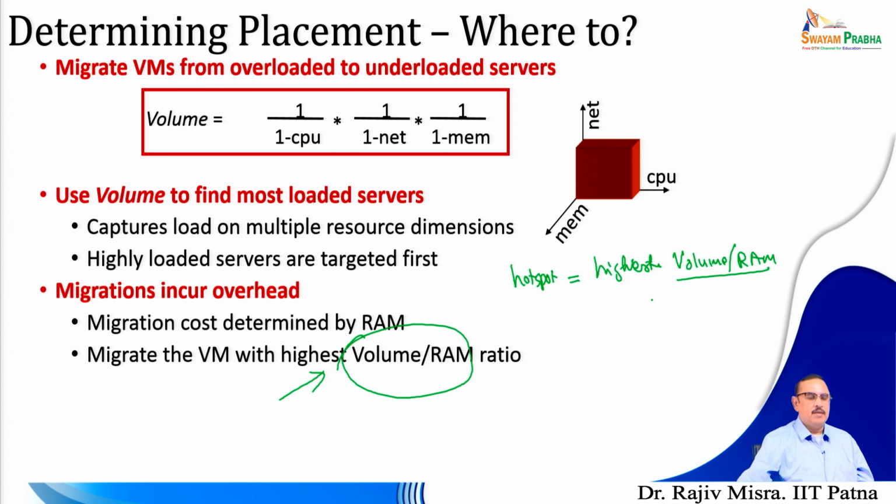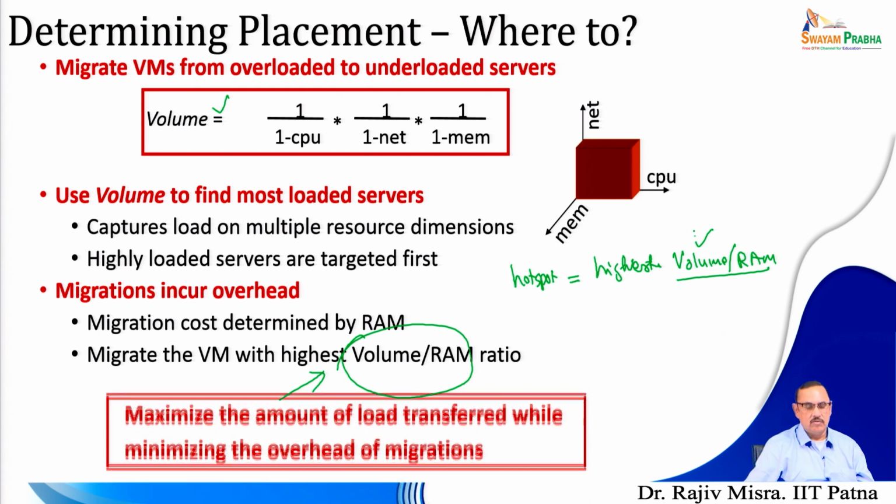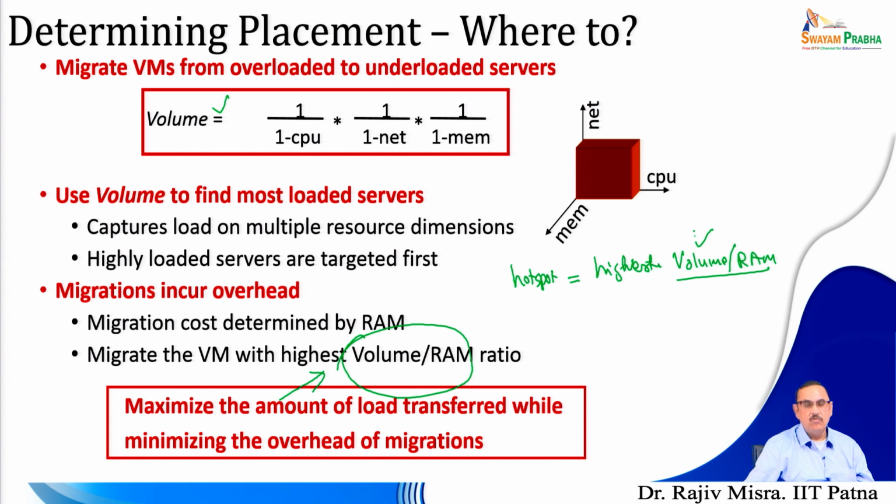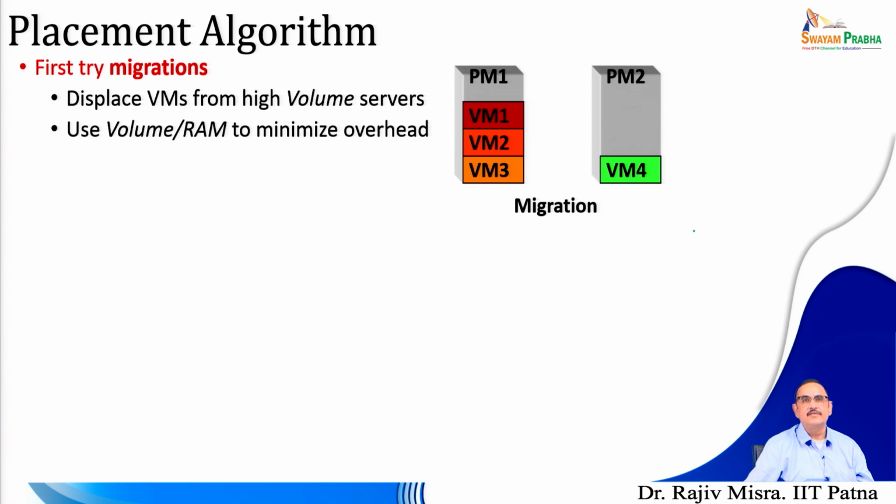That means we are going to calculate the volume using the following equations: 1 upon CPU, 1 upon net, 1 upon memory. This equation will calculate the volume, and the virtual machine with the highest volume per RAM ratio is the one directed as overloaded. So, maximize the amount of load transferred while minimizing the overhead of migrations.